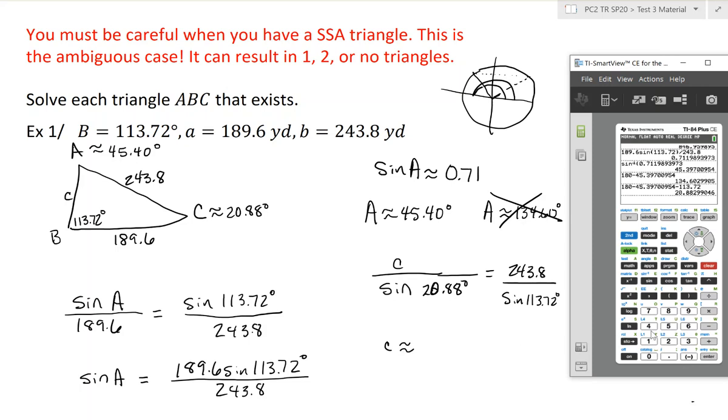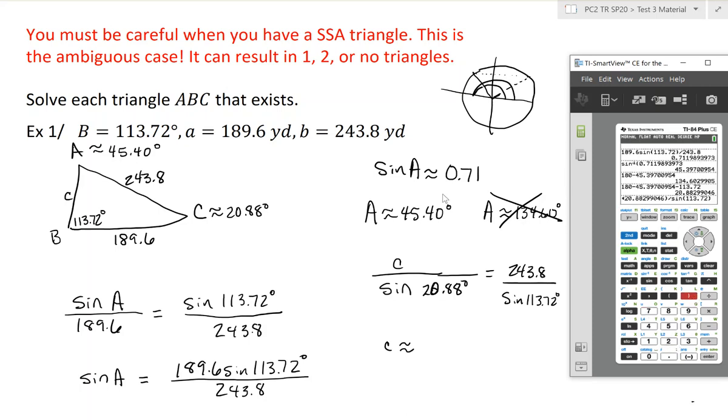So we'll go ahead and put this into the calculator. We've got 243.8, and we're multiplying that by the sine of this 20 point, make sure and grab that angle there instead of rounding it off to 20.88 degrees. And we're dividing by the sine of 113.72 that was given.